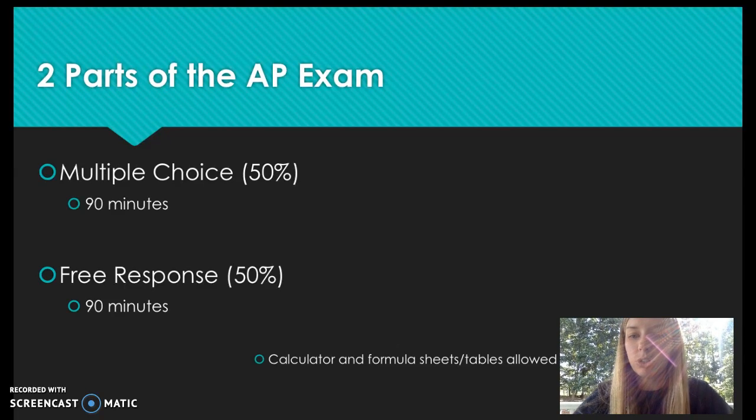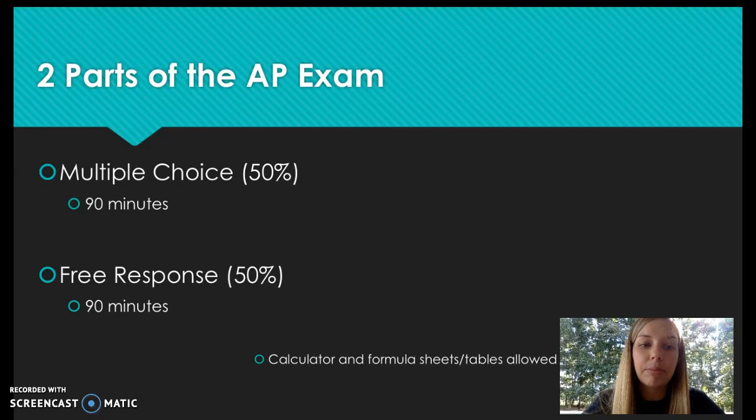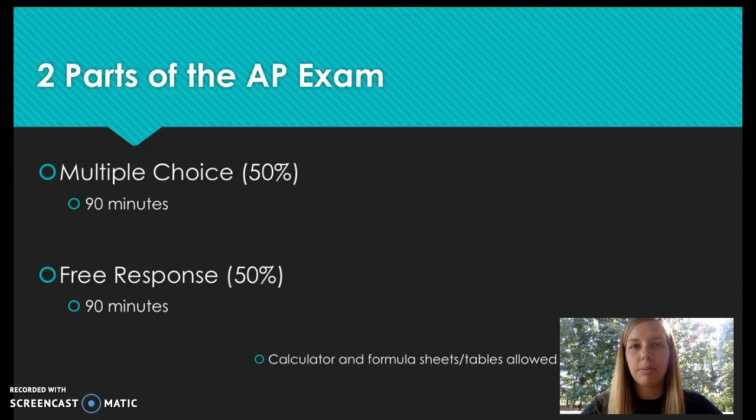So that's why I told you it's important to bring your calculator to school every day, because I'm going to be teaching you how to use that to your advantage. The formula sheets and tables, so for example the table of random digits, will be given to you for both parts, as well as other formulas and such that I introduced to you along the way. So that's good.